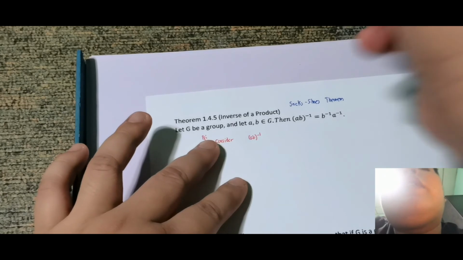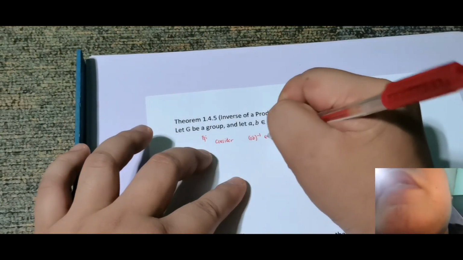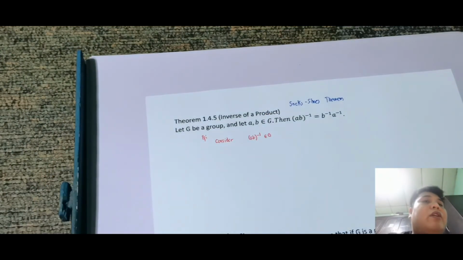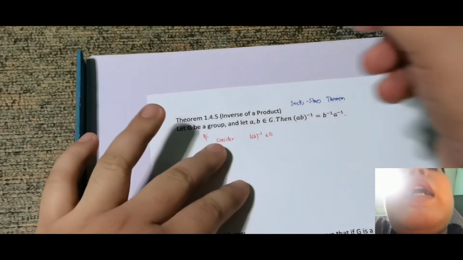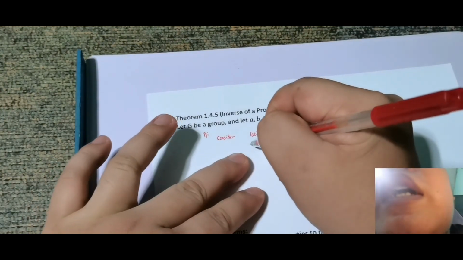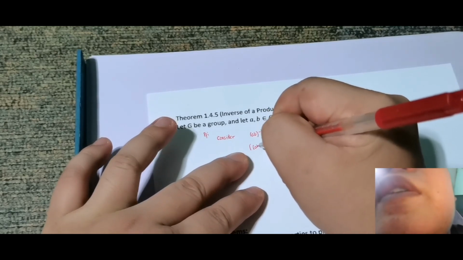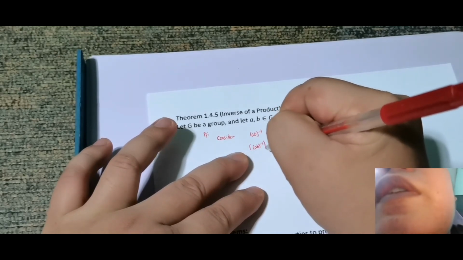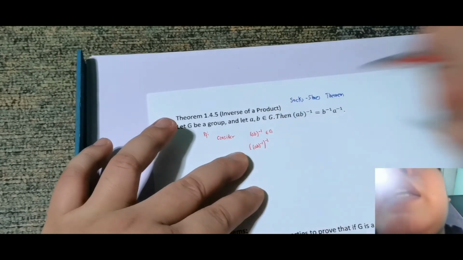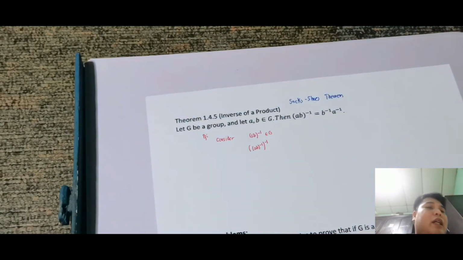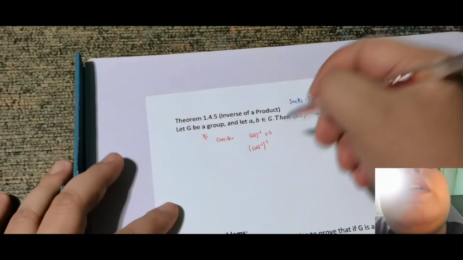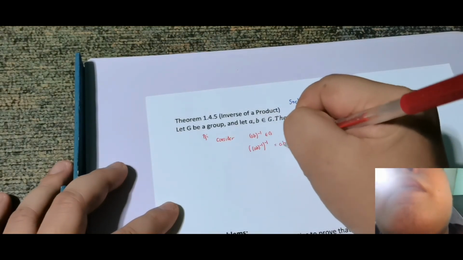Again, si (AB) inverse is element of G. Ngayon, ang tanong, ano yung inverse ni (AB) inverse? Ang inverse ni (AB) inverse is simply AB.